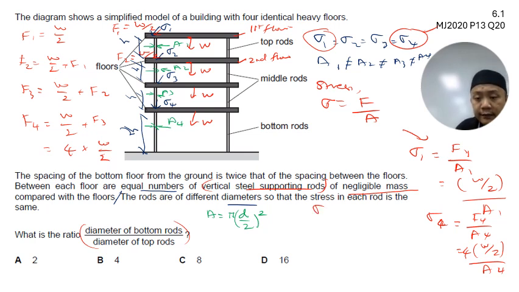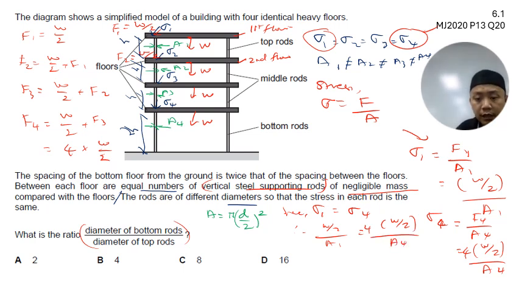Since stress 1 is equivalent to stress 4, therefore W over 2 divided by A1 is equivalent to 4 times W over 2 divided by A4.